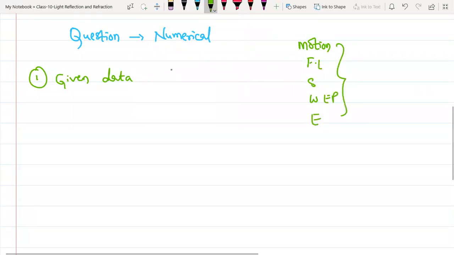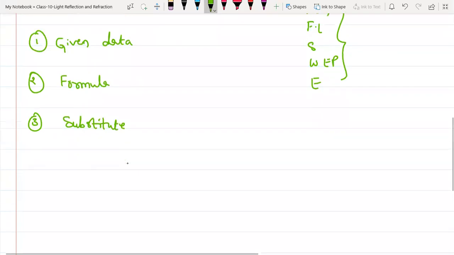Whatever chapter you take, first we are going to write given data. After writing given data, we will use formula. Concerned formula we are going to use. Third step, you are going to substitute. And fourth process, you will get result. Right. In result, I told you whenever you are writing result, you have to write numerical value plus unit. Fine. These are 4 steps, right?